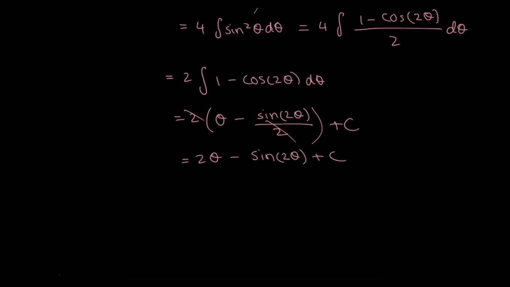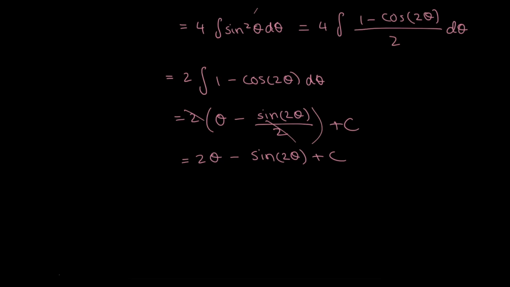Alright, now I'm going to start rewriting everything in terms of x, but first I have this sine 2 theta, which is an issue here, because the angle is 2 theta, which is a different angle than what I was originally working with, which was theta. So I need to rewrite this in terms of theta.